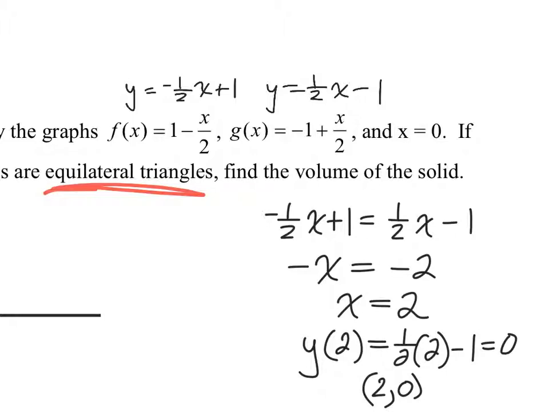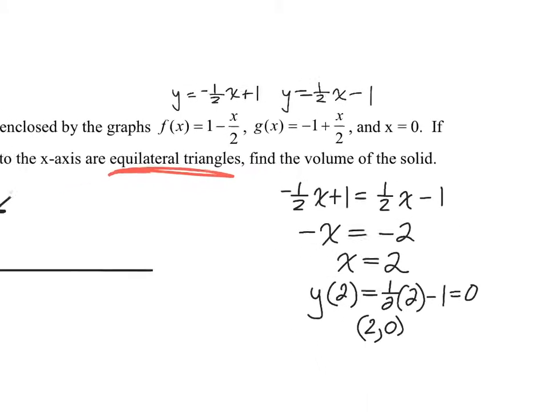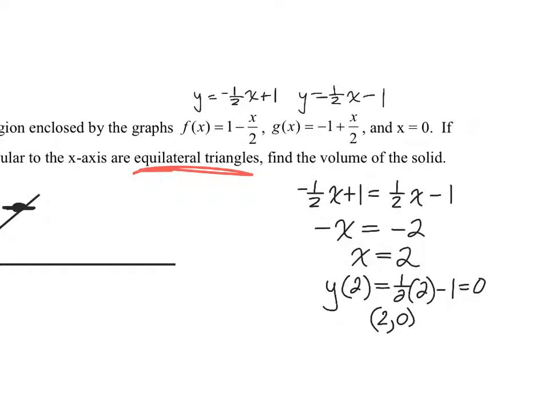Now this is actually a fair amount of unnecessary work, but really only for this situation. If I had put this in the calculator, I would have seen that the intersection point between the two graphs is at 2, 0, whether I looked at the graph or the table.